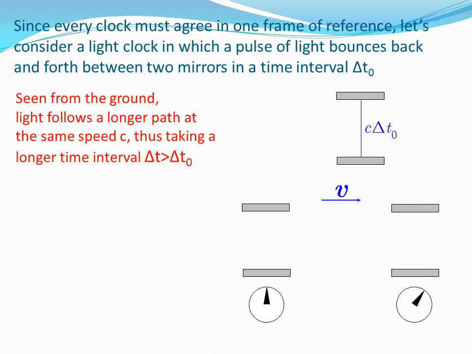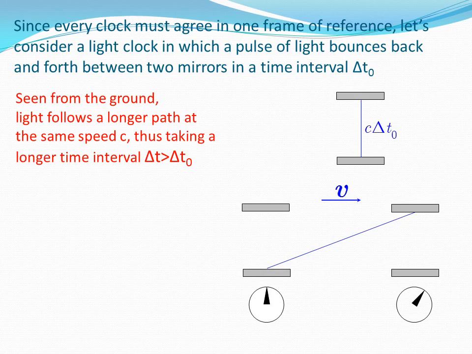And the reason for this longer path is that when an observer standing still on the ground watches the clock moving toward his right at a speed v, from the instant when the light starts from the first mirror, the second mirror has moved toward its right, so that light actually follows a diagonal path like this one.